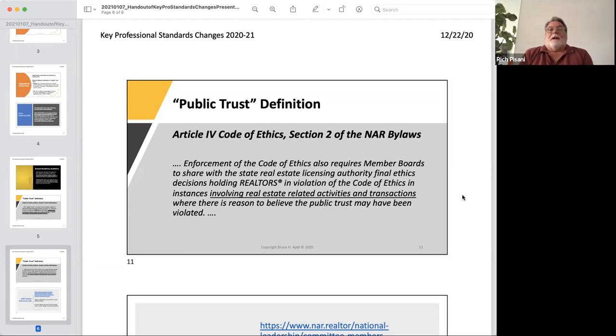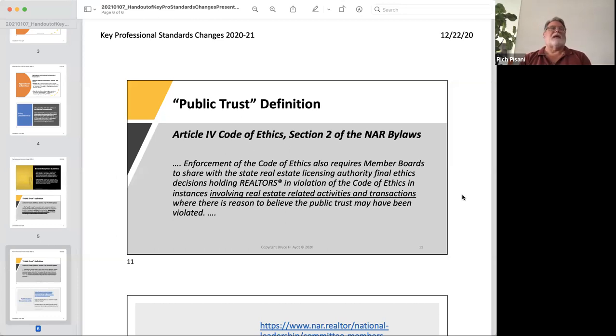What does that mean? Basically, that means that if you were found in violation of public trust, mishandling somebody's funds and whatnot, that is automatically elevated to a report to the DRE. That's just the way it is.